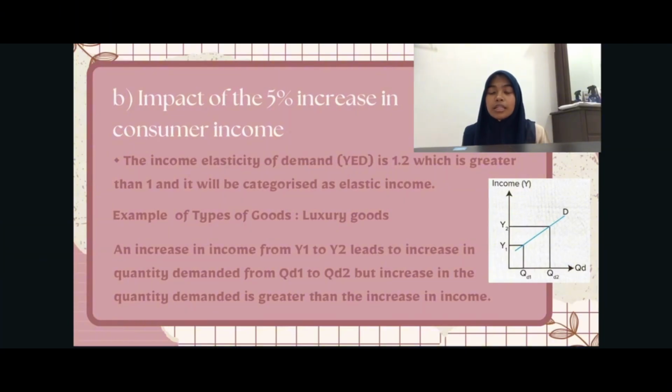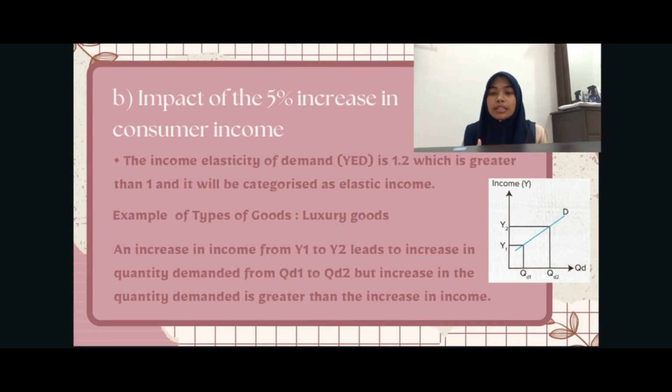As we know, there are 4 responses, which are elastic, inelastic, zero, and negative income elasticity. So this shows that the income elasticity is greater than 1, so it is categorized as elastic income elasticity.